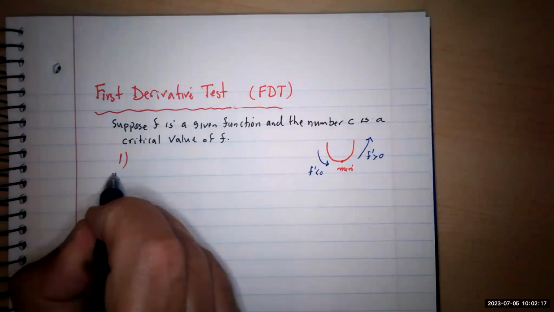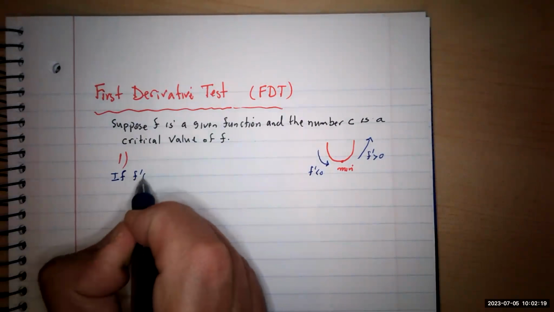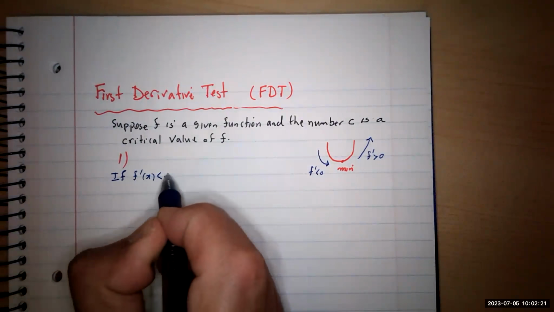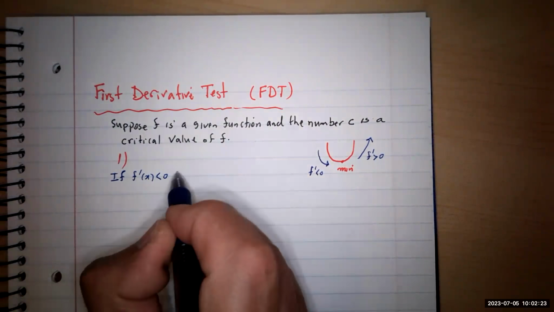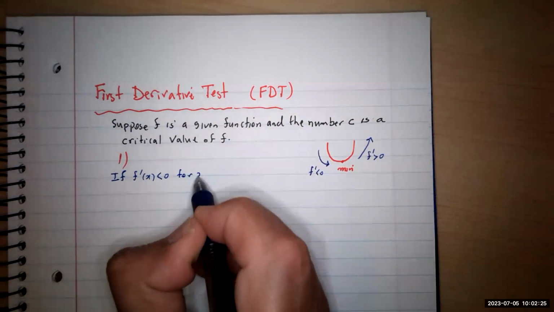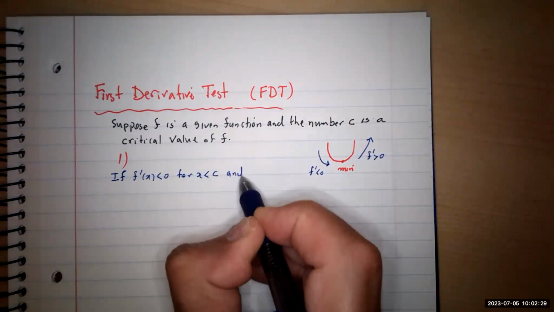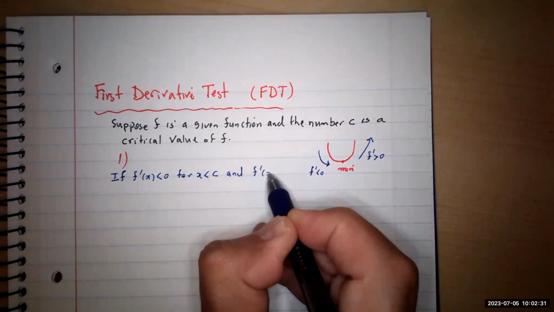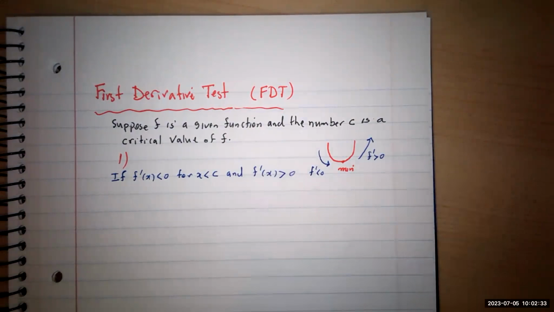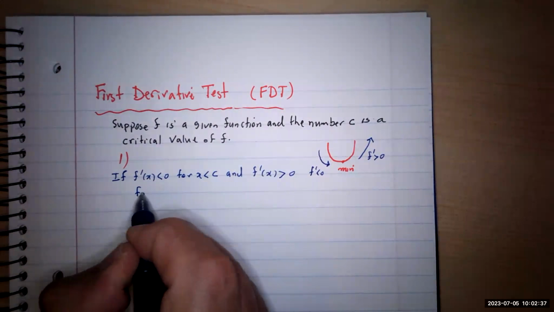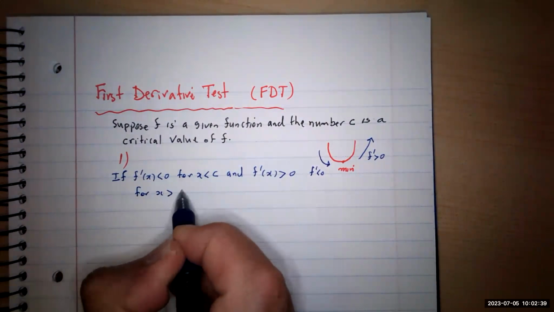If f prime of x is negative before c, for x less than c, and f prime of x is positive after c, for x greater than c.